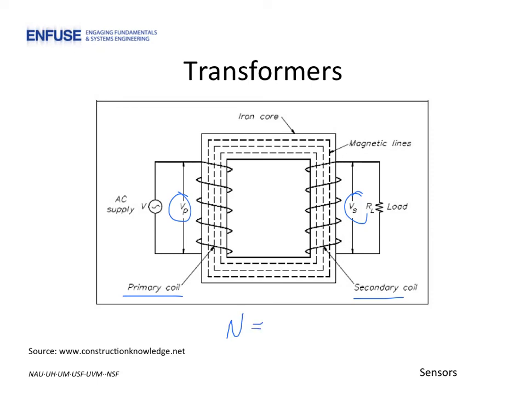That is, N is the number of turns in the secondary relative to the number of turns in the primary. If we can design a sensor where the turns ratio changes with the phenomenon of interest, we can see that the voltage at the secondary will also change with that parameter.